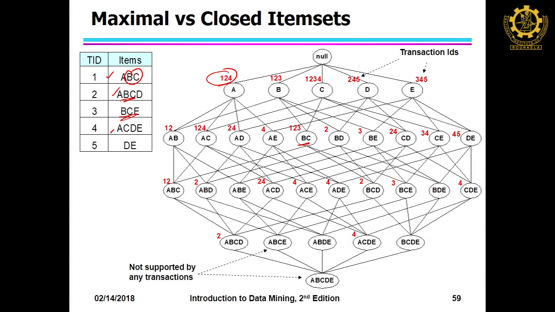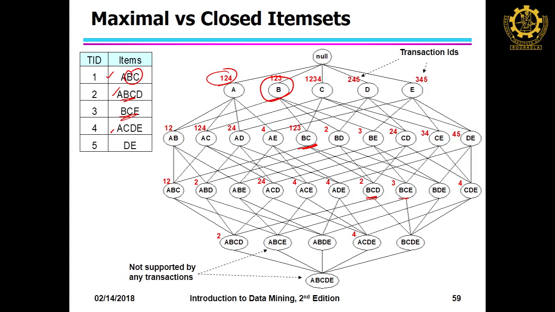Now, you find from here which one will be the closed and which one will be the maximal frequent item set. Say B can be the closed item set? Its corresponding superset is again the same, so B cannot be. So, BC can be, and its corresponding supersets are BCD and BCE, but BCD is how many transactions?